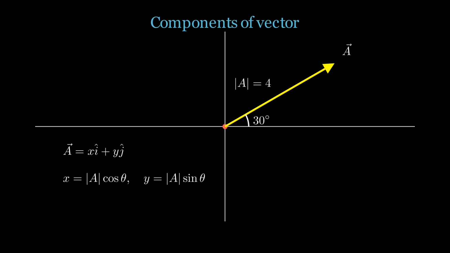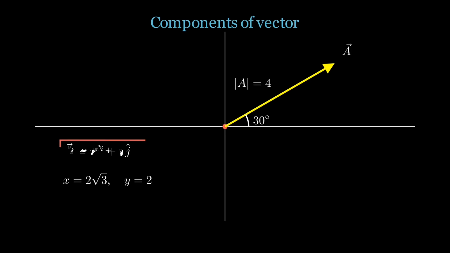So, if the magnitude of A is 4 and theta is 30 degrees, then we get x equals 4 cos 30, which is equal to 2 root 3, and y is 4 sin 30 degrees, which is 2. And this gives us that vector A is equal to 2 root 3 i hat plus 2 j hat.